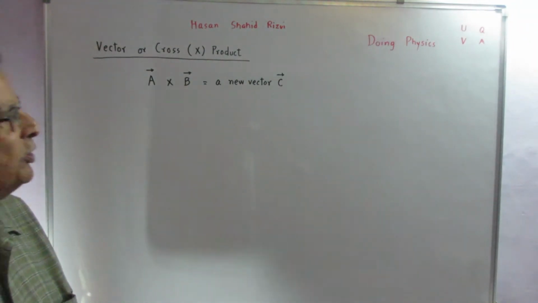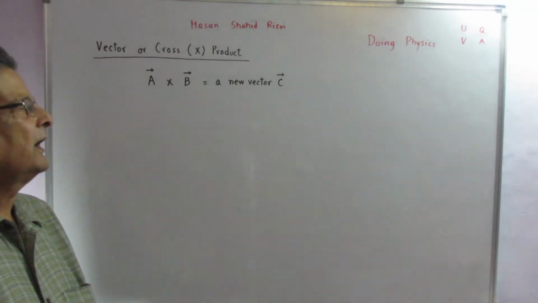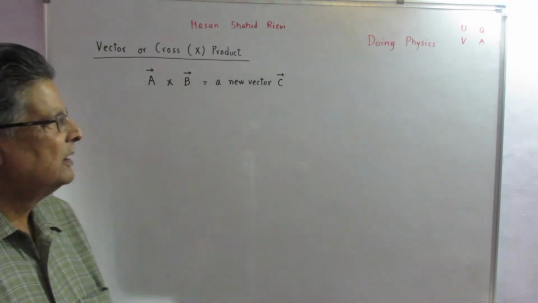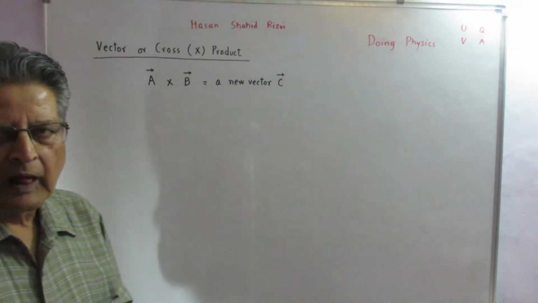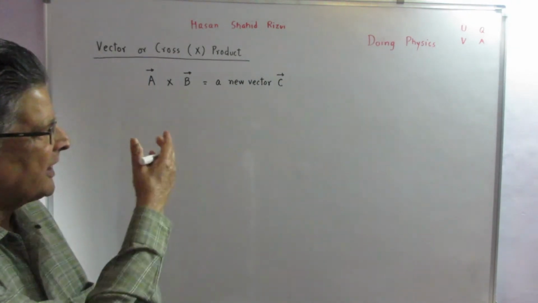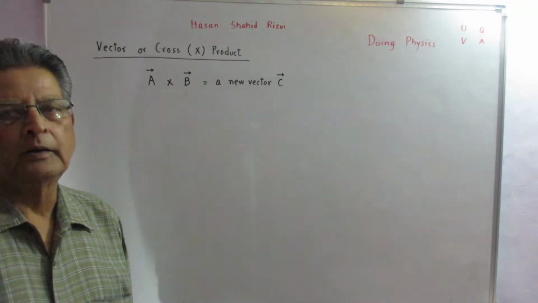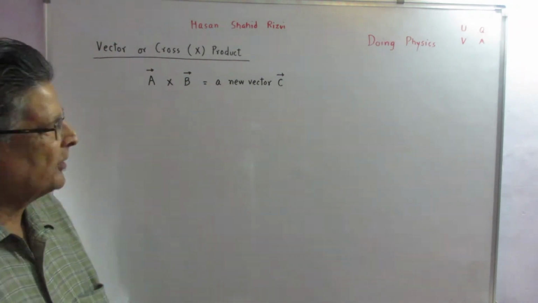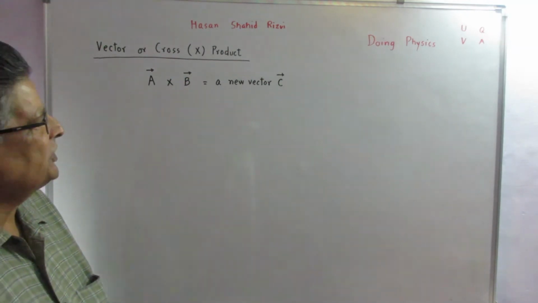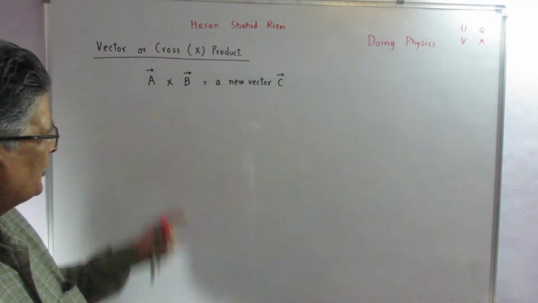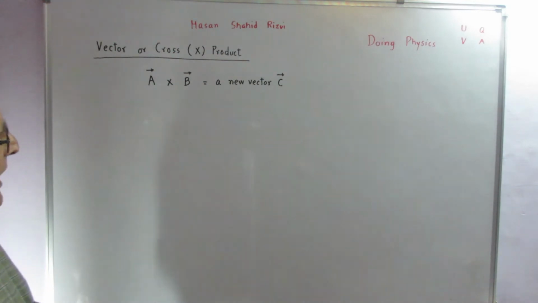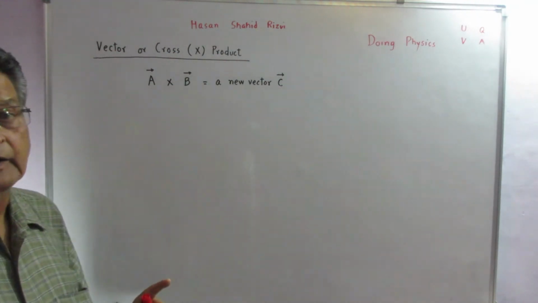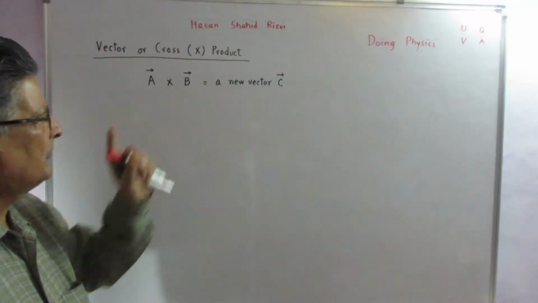I told you that a new vector can be obtained in the case of a vector multiplied by a scalar, like in the case of momentum, which I obtain by multiplying the velocity by mass, or force, which I obtain as acceleration multiplied by mass. Now in this case, there are two vectors, and these vectors may be of the same family or from different families.